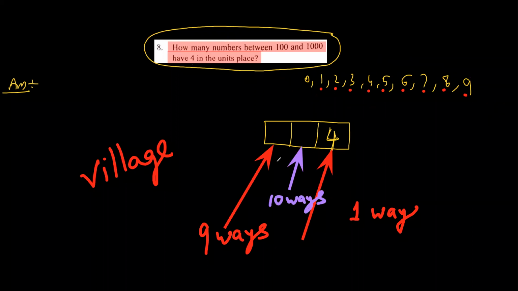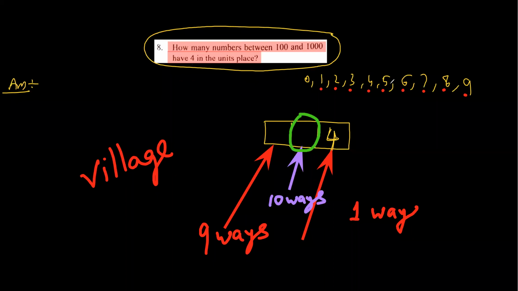Now I have done all my job. I selected 4 at the units place as per the condition, in one way, and the hundreds place in 9 ways, and the tens place in 10 ways.